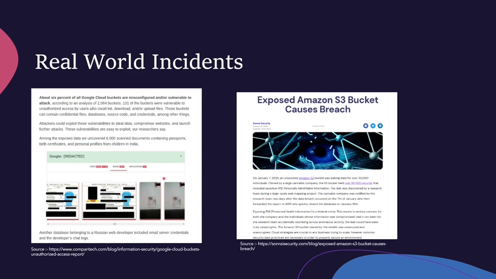Those are things we need to be wary about, things that happen in the real world. There was also a case where personally identifiable information was leaked, and I believe it was also protected health information. These things actually happen, and quite frequently.